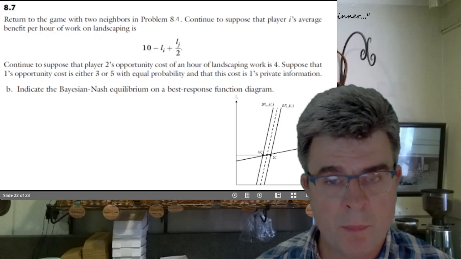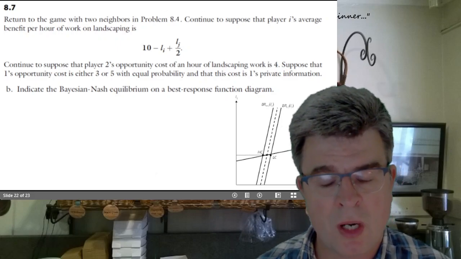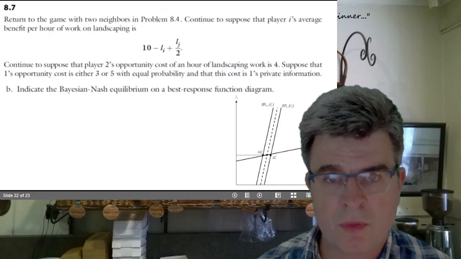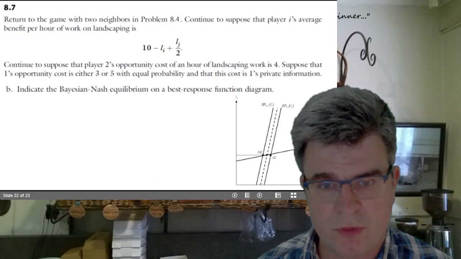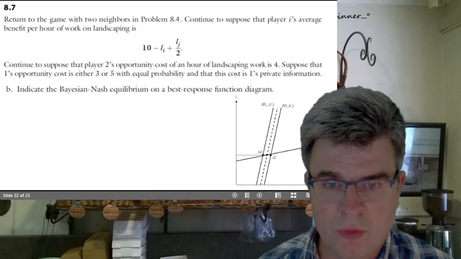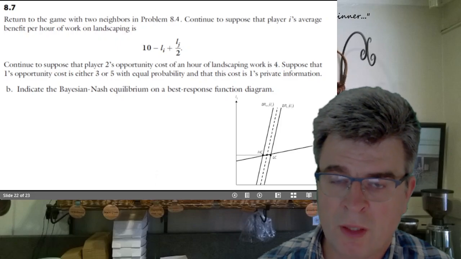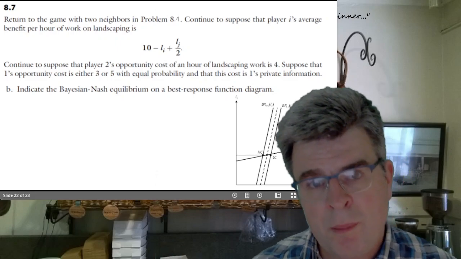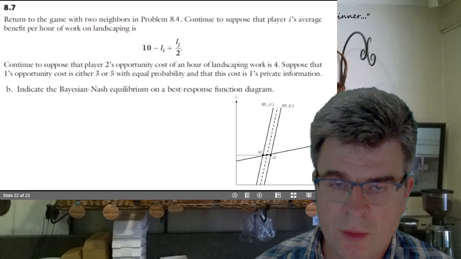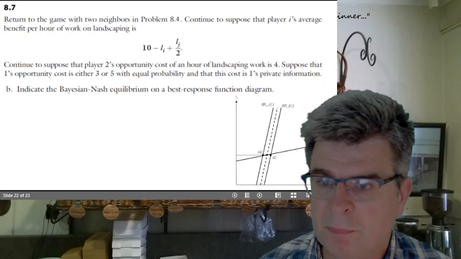The marginal benefits of spending time in your garden is increasing with the number of hours that the neighbor spends. So if you can truthfully reveal, I have low opportunity cost, I will spend a lot of time in the garden, then the neighbor will also spend more time in the garden, increasing your benefits as well.